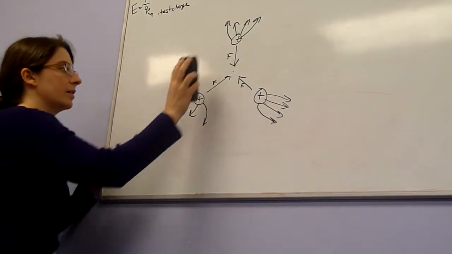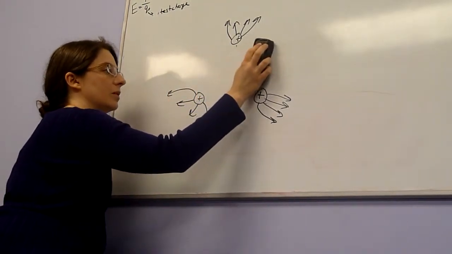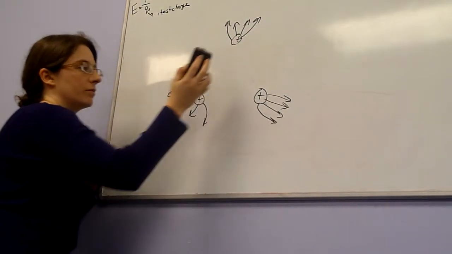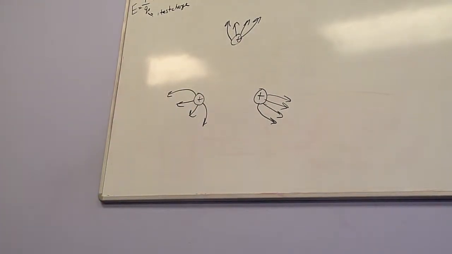So you have a magnitude of 0 electric field at the middle. It's like I'm making no sense. That's terrible. Would anyone like to say something sensible about why it's 0 in the center of that triangle? Because it's all pushed in the same direction. Like if it's positive, they're all pushing away from it, and the forces cancel out in the middle. The forces cancel out. That is an excellent thing to say.